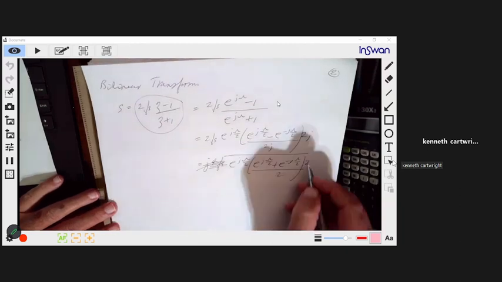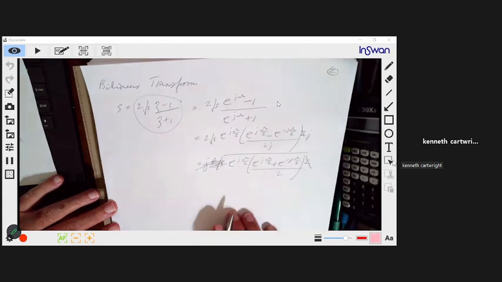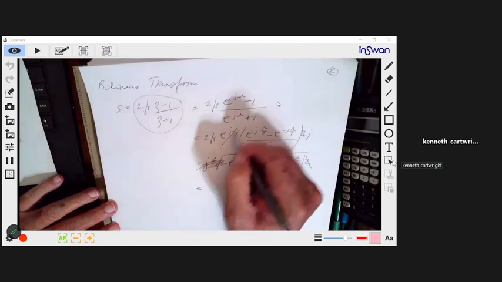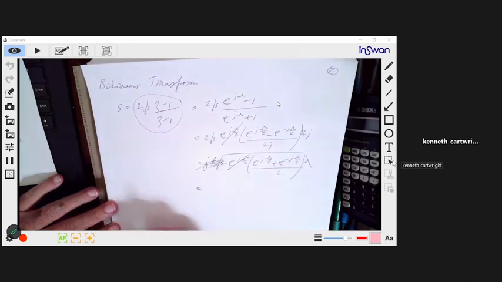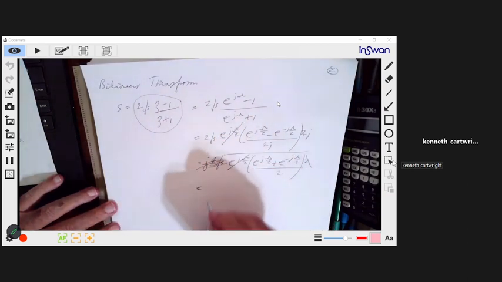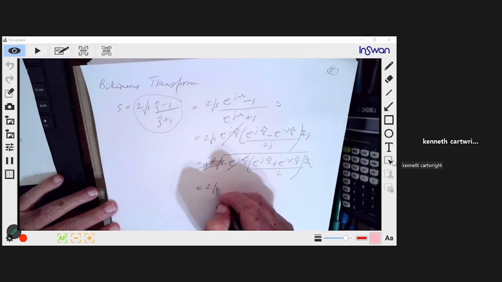So this 2 cancels that 2. So why did I do that? So that cancels that.